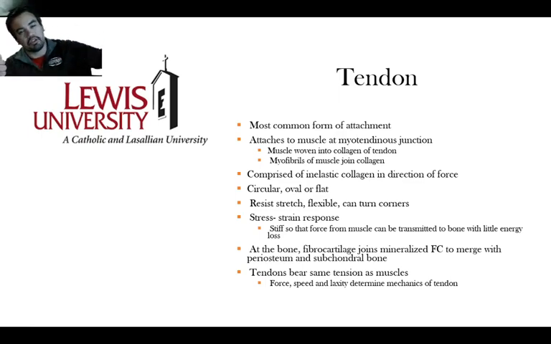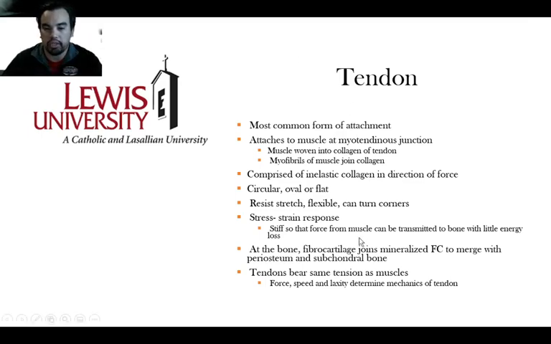You're going to lose a lot of your force in that rubber band as it pulls apart. So that's why you want something a little bit more stiff. But if it was too stiff, let's say like a piece of glass, as you pull on it, it may just break in half. So it has the stress-strain response that allows it just enough stiffness to handle the force that the muscle's asking without breaking, and also enough stiffness that it doesn't stretch so much that you lose all your force and the muscle becomes inefficient.